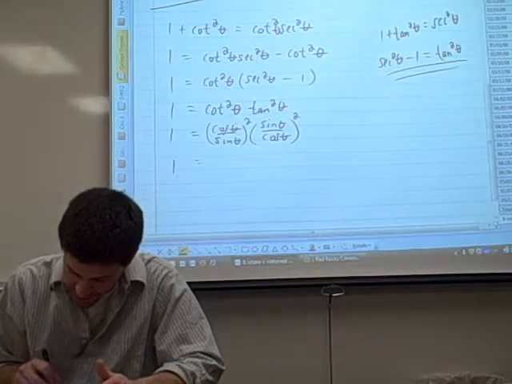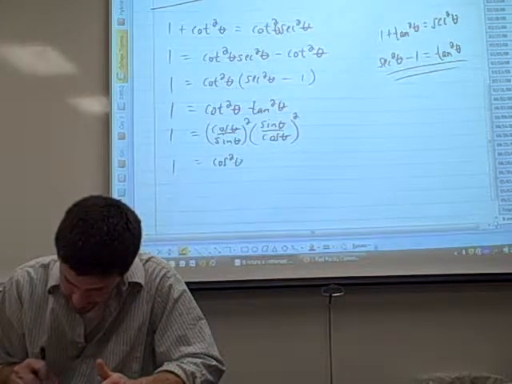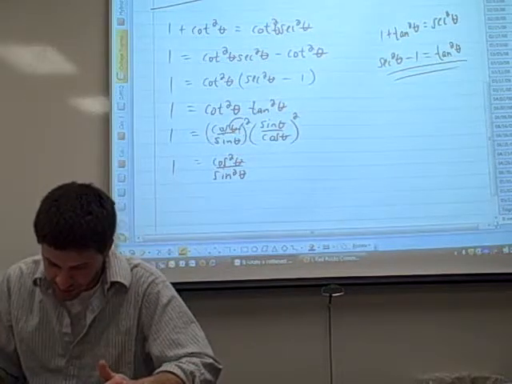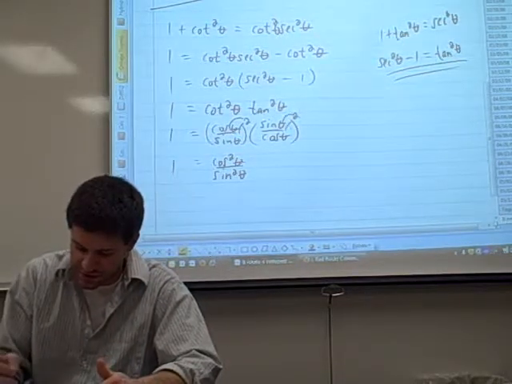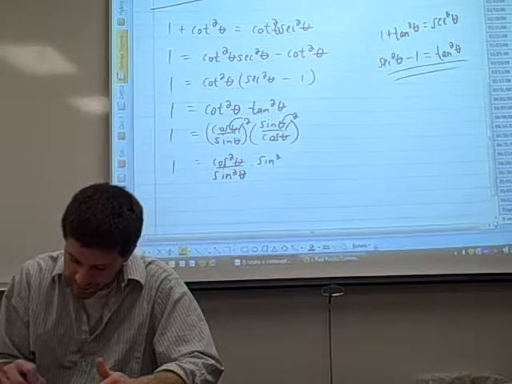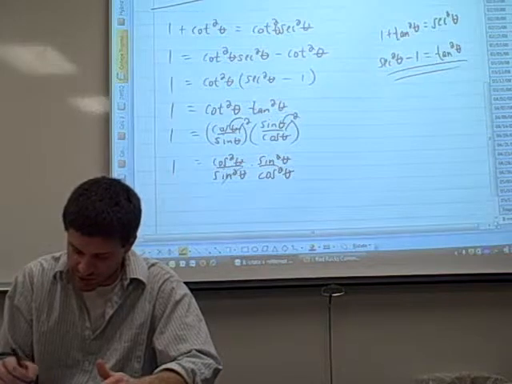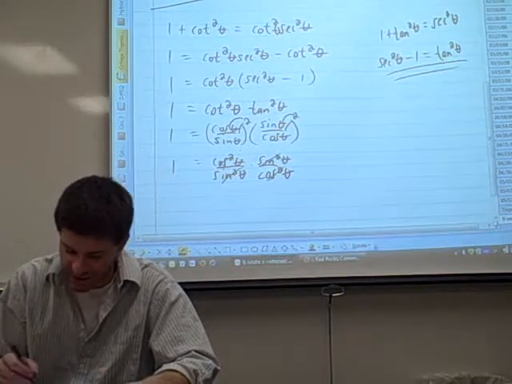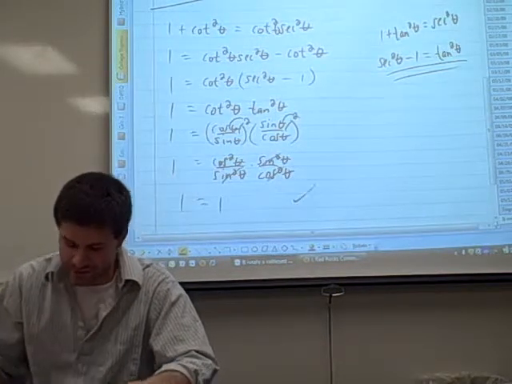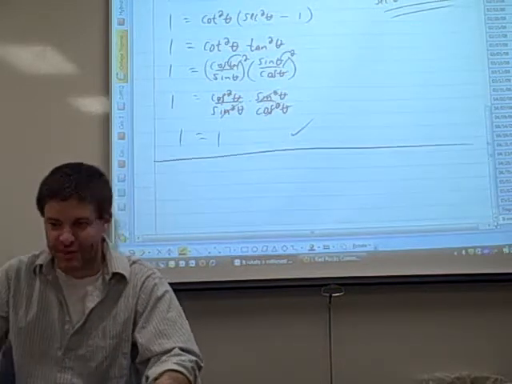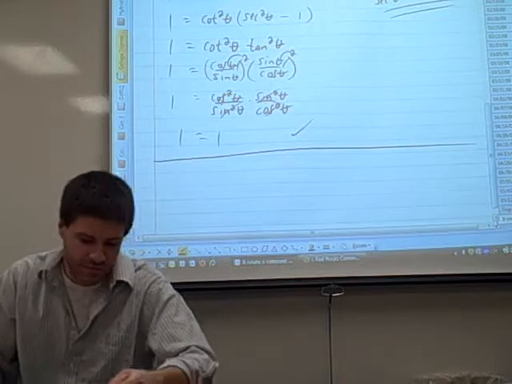So we can distribute that square to get cosine squared over sine squared. We can distribute this square over here to get sine squared over cosine squared. And now you should notice everything on the right-hand side cancels. 1 equals 1, check mark. Great. Let's try a different one.